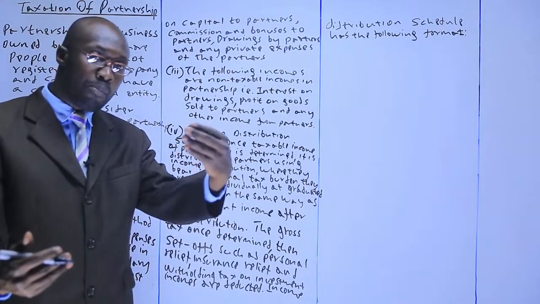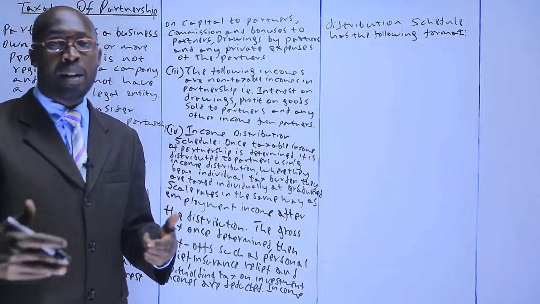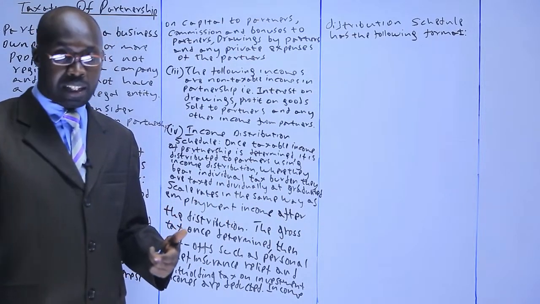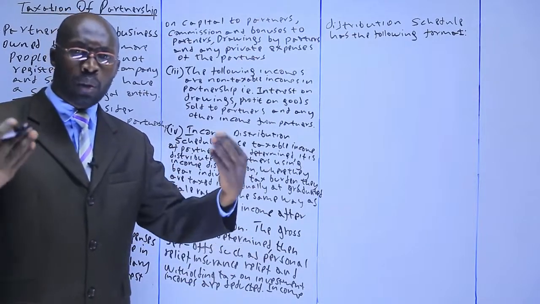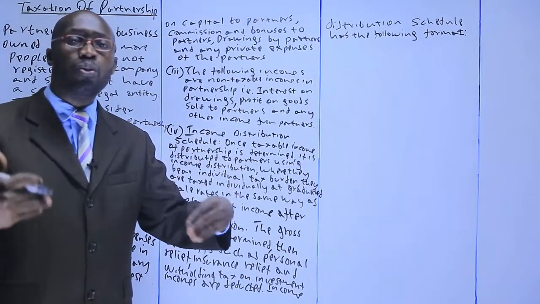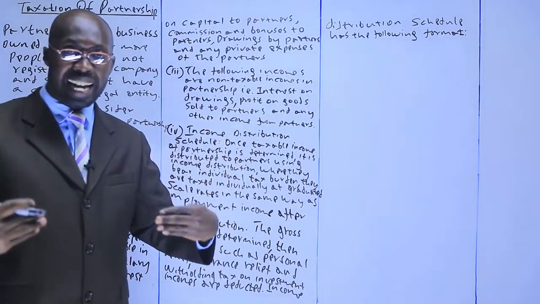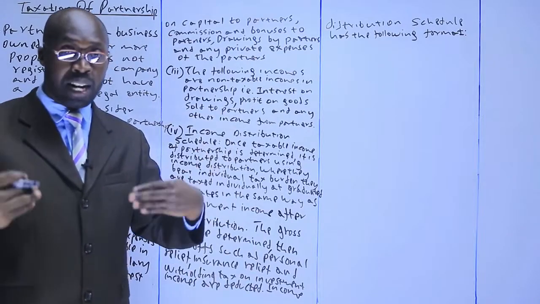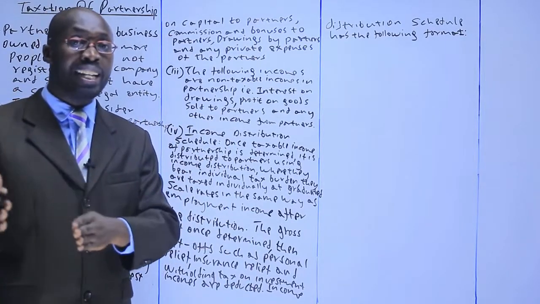It is partner A, how much is the taxable income, tax individually at graduated scales. Partner B, how much is the taxable income, tax them individually. And then once you get the gross tax of each partner, you less the set-off. Set-off, we said that they reduce the actual tax they are supposed to pay, and they are like personal relief, the withholding tax on investment income, and insurance relief if they have life insurance cover, education insurance cover, or NHIF.